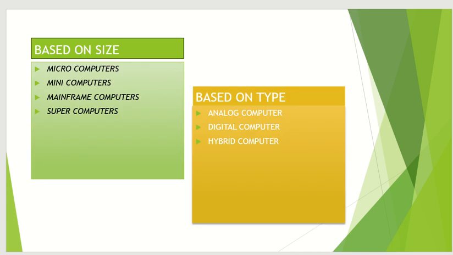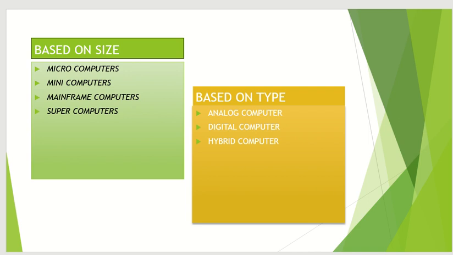A computer can also be classified based on type. There are analog computers, digital computers and hybrid computers. An analog computer is a device that works on physical quantities such as motion, pressure, voltage, current, etc. For example, in a clock, the hour, minute and second hands are continuously moving, and at any instant we can know the time from the clock.